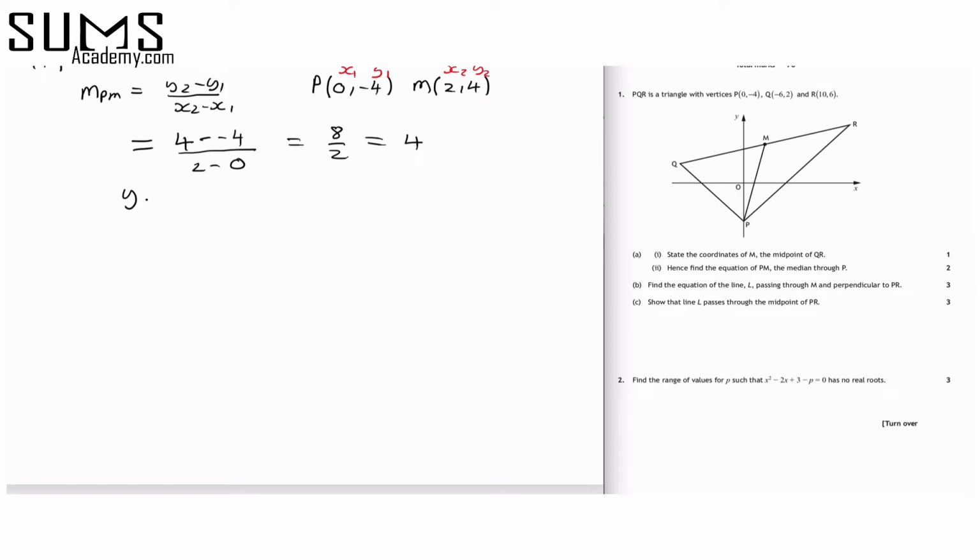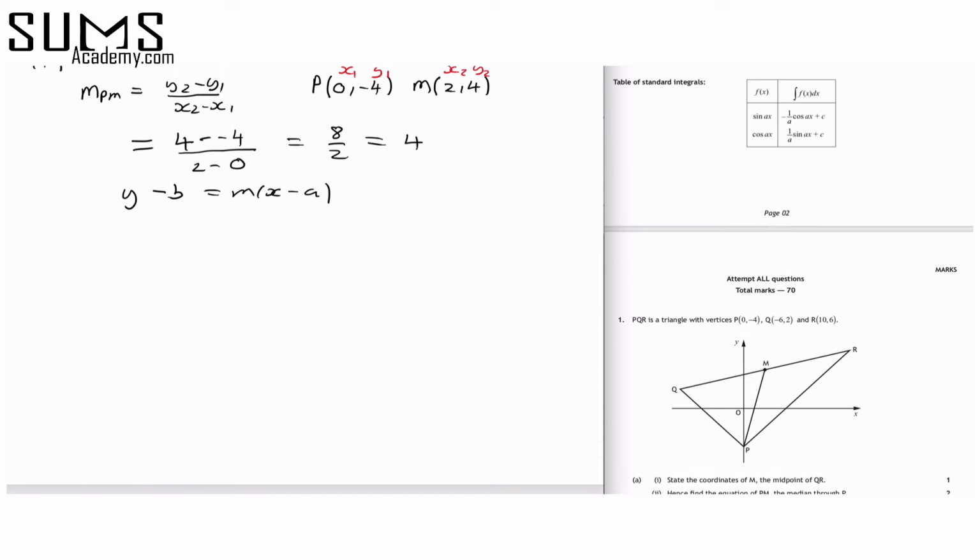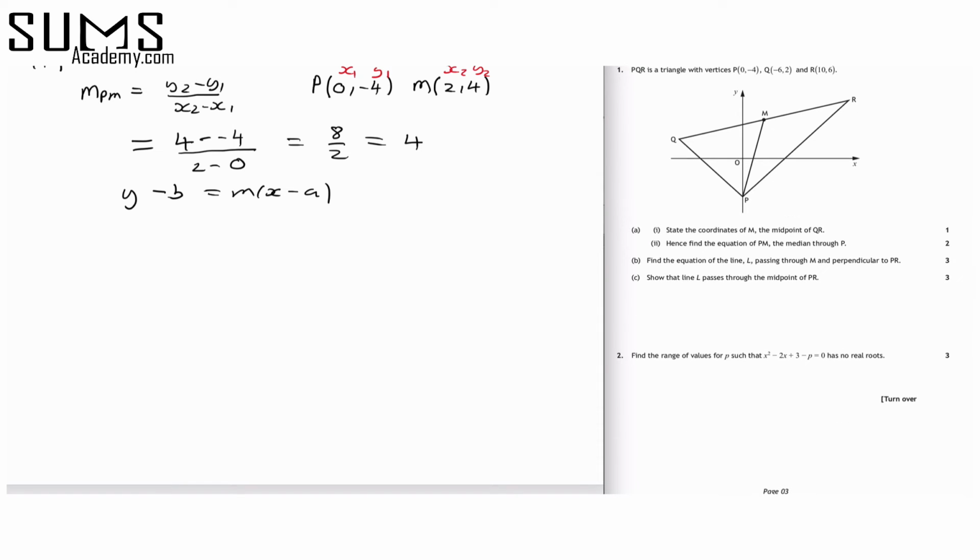We need to use our equation of the straight line, which is y minus b equals m times x minus a. We could use either point, P or M, because they're both on the straight line. But we'll just use M for the sake of ease. So we get y minus 4 equals 4, which is the gradient we worked out, times x minus 2.